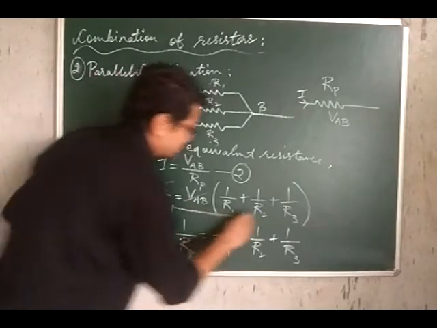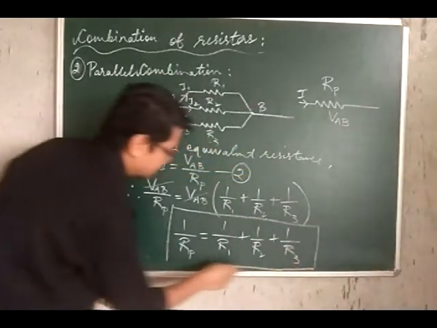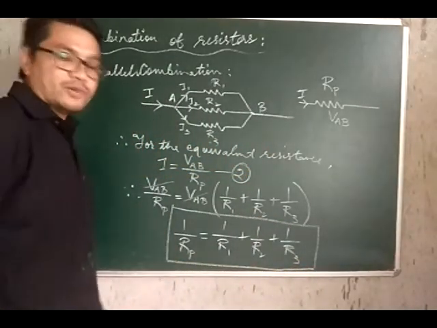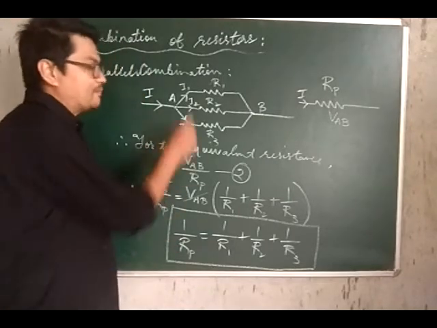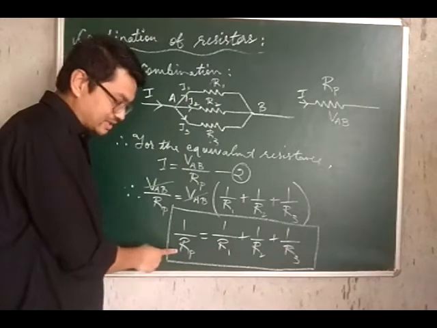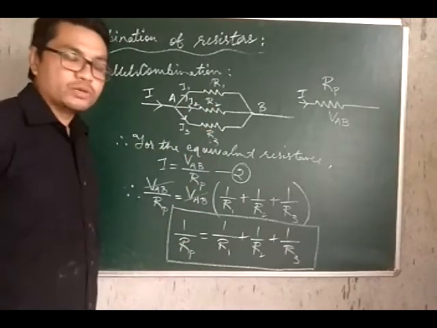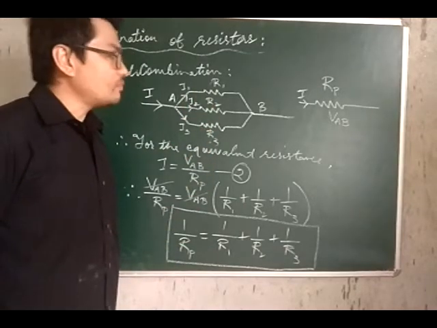This is the equation for parallel combination, and RP is what is called the equivalent resistance for parallel combination of resistors.